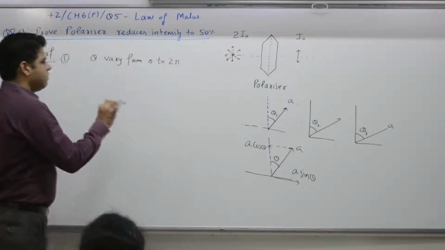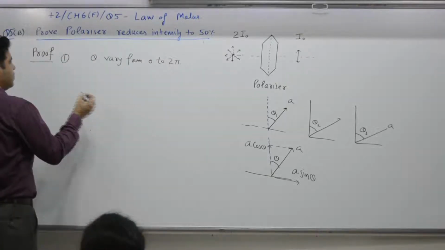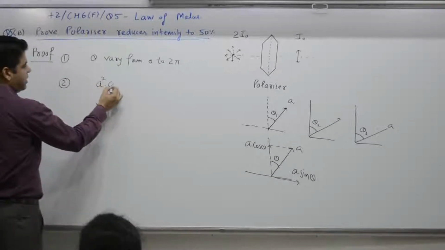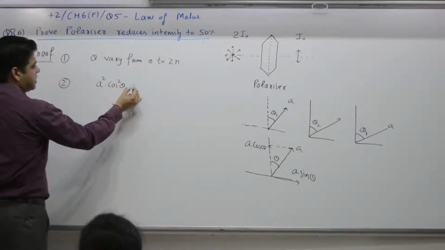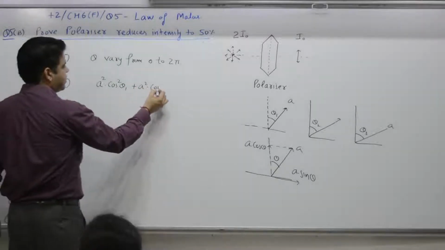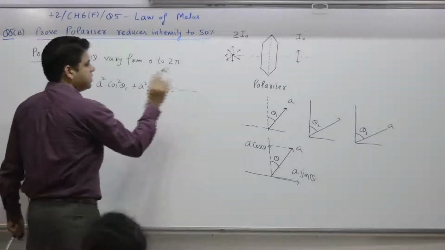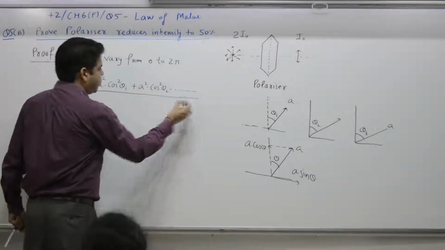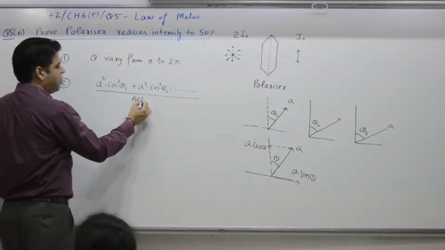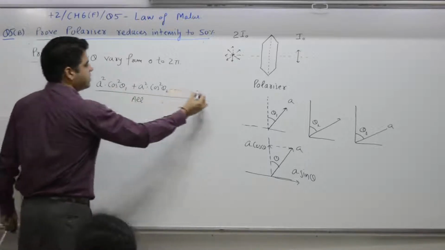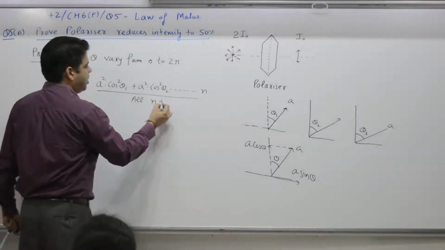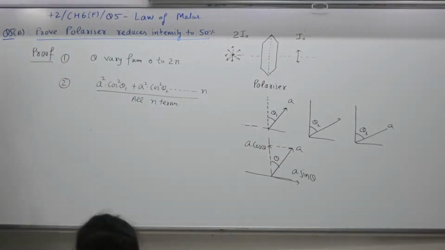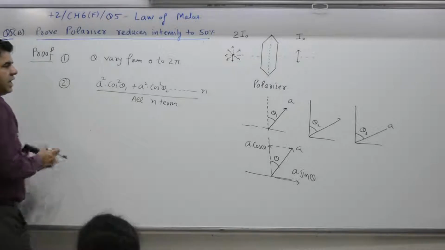The value corresponding to 1 is A square cos square theta 1, second A square cos square theta 2, and keep on doing this. And you want to find the average value, over all n terms. This is what you want to write: the average value.